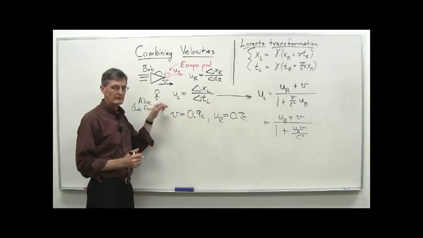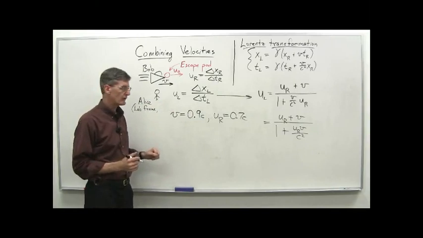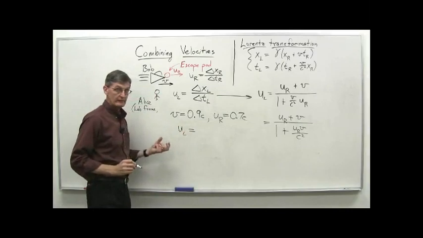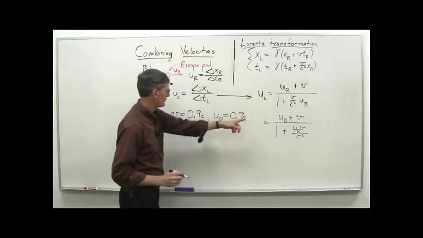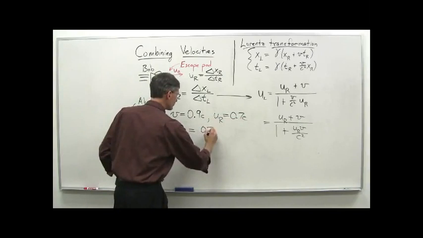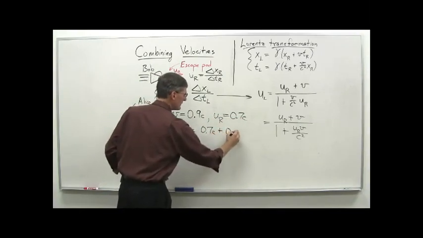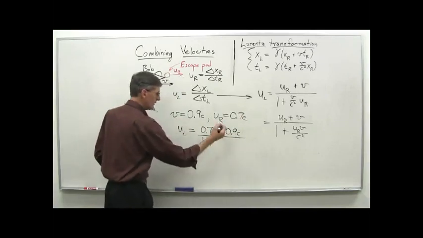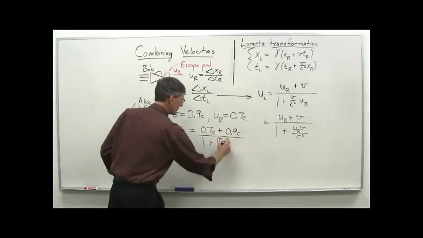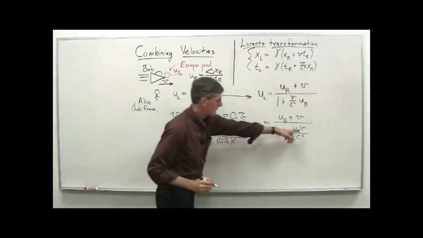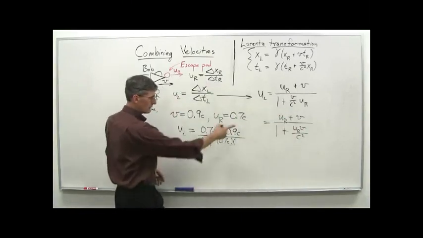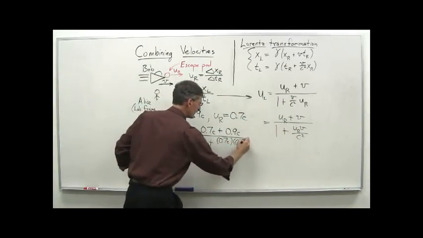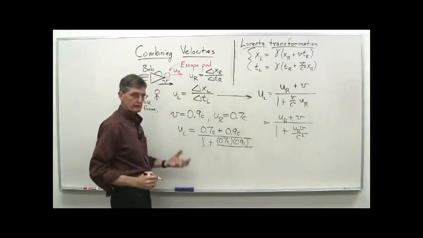So the question is, what does Alice see in terms of the velocity of the escape pod? So let's try out our formula here. We got u sub L, the velocity in the lab frame that Alice is going to see. So u sub r is 0.7 c, plus v is 0.9 c. On the bottom, we've got 1 plus u sub r, 0.7 c, times v, 0.9 c, all over c squared.